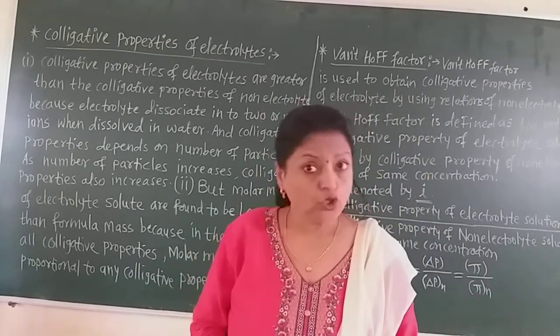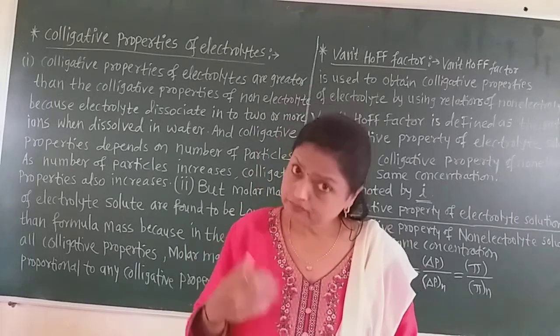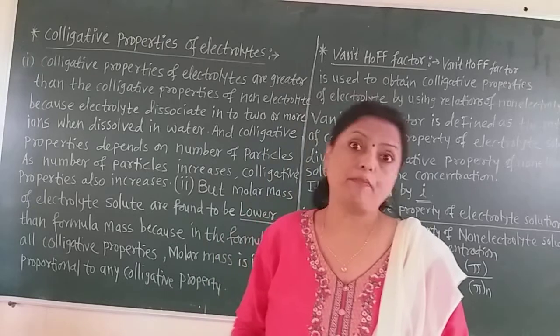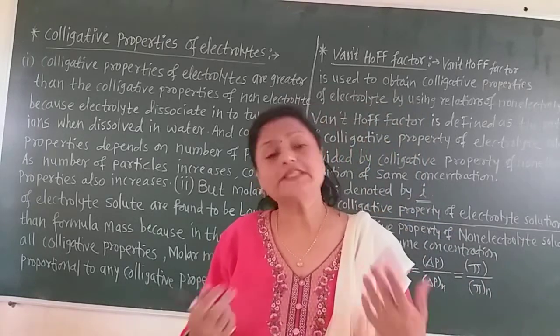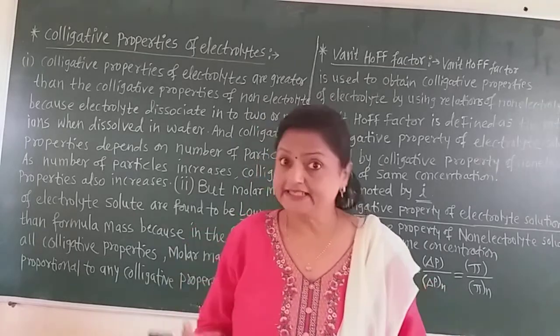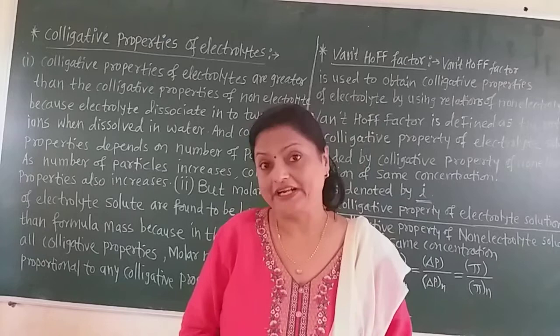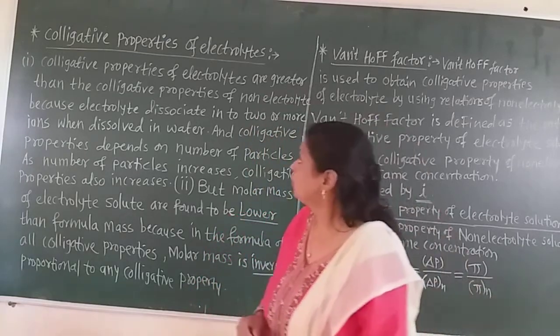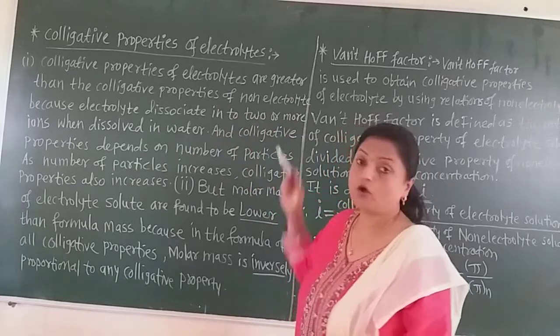But the electrolytes always dissociate into two or more ions. As a result, the number of particles increases, and consequently the colligative property also increases in case of the electrolytes. So that is the reason colligative properties of electrolytes are greater than those of non-electrolytes.